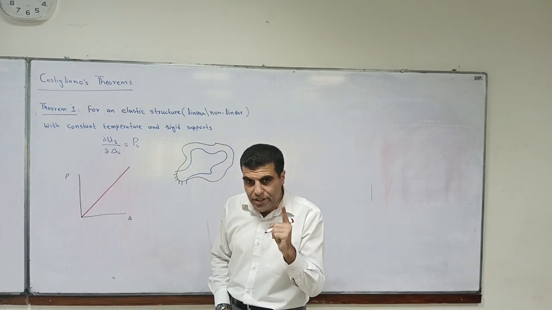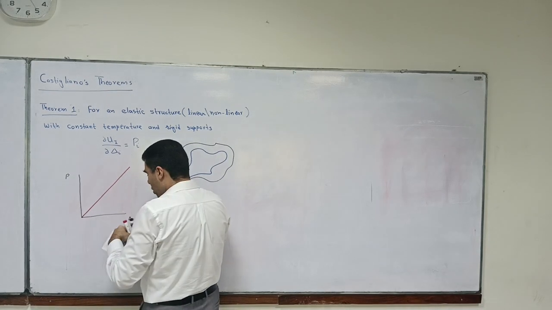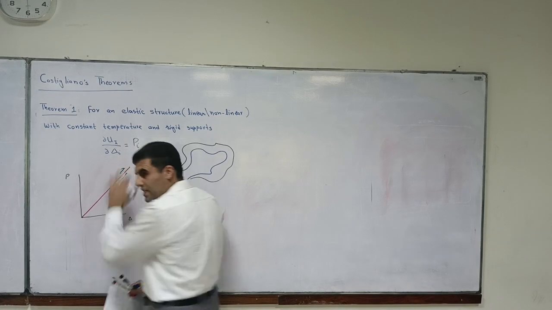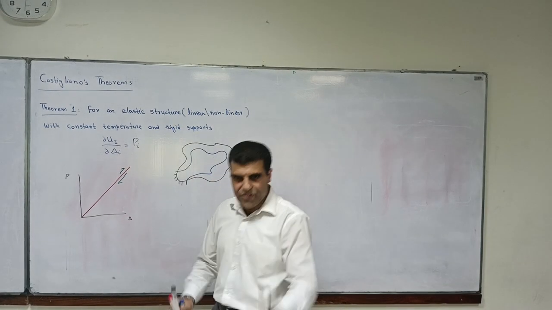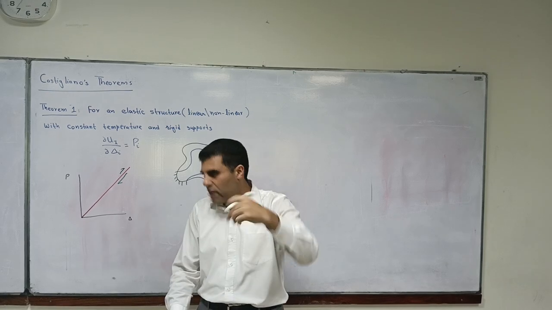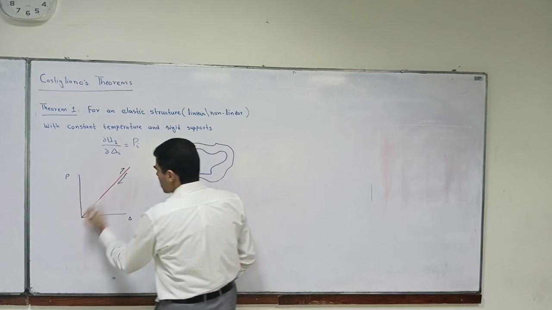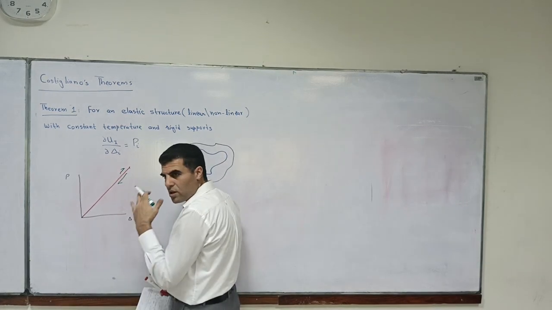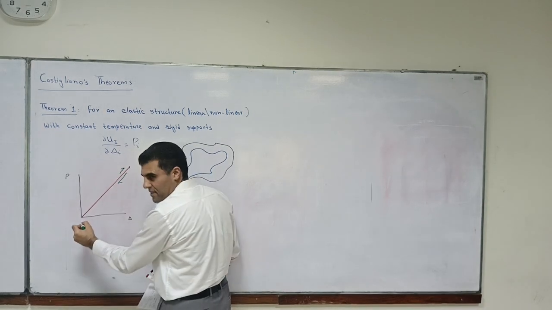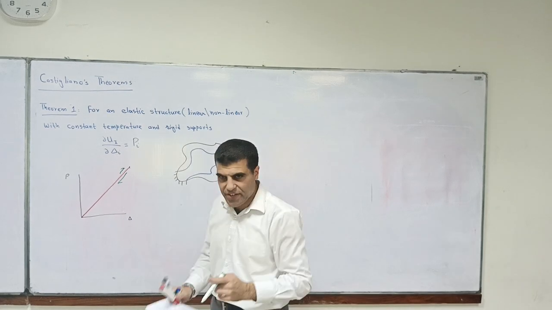But one thing is important in the linear elastic structure: the loading path and unloading path are the same. In other words, you have a tube or a cylinder or any structure, a bar or anything, in a UTM, and you apply load on it. It goes to a certain point, then you stop the application of that load. It follows the same path and comes back to its original position. That is a linear elastic structure.